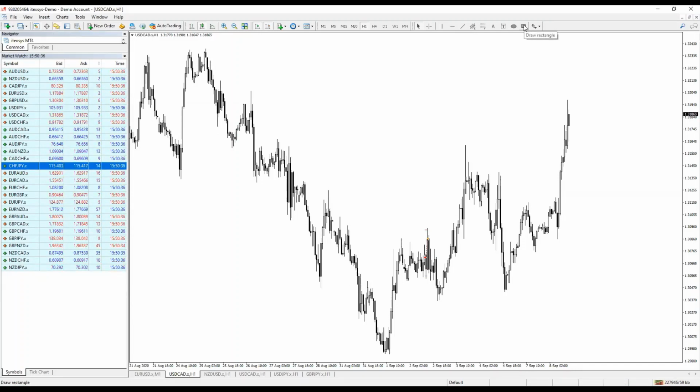The practice that we're going to do is look for the decision points. We will frame that supply and demand zone, and we will see what happened once price is back there.